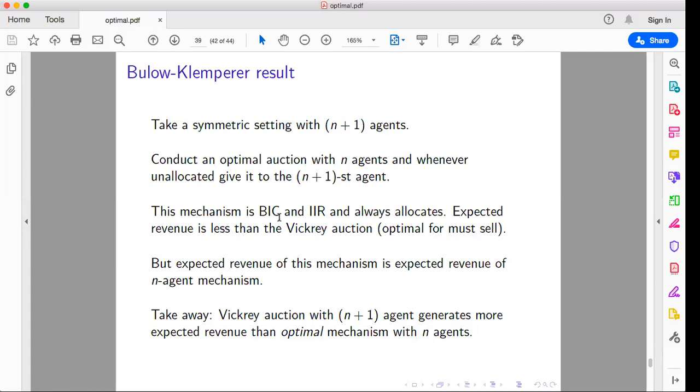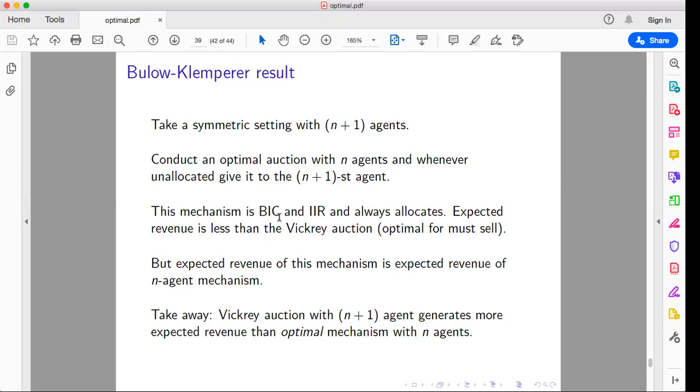This mechanism that I have constructed is just to give you the proof that n plus 1 agent Vickrey is better than n agent optimal mechanism. Because n agent optimal mechanism would require you to know the distribution of the bidders and set a reserve price and so on. But n plus 1 agent Vickrey does not require any such things.